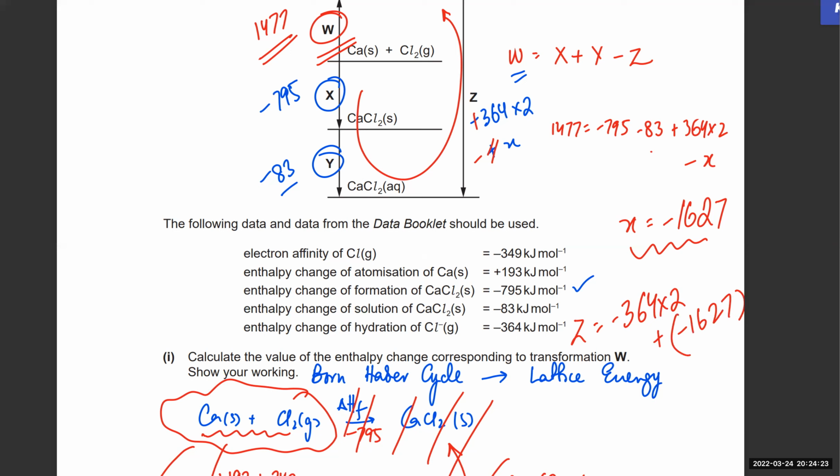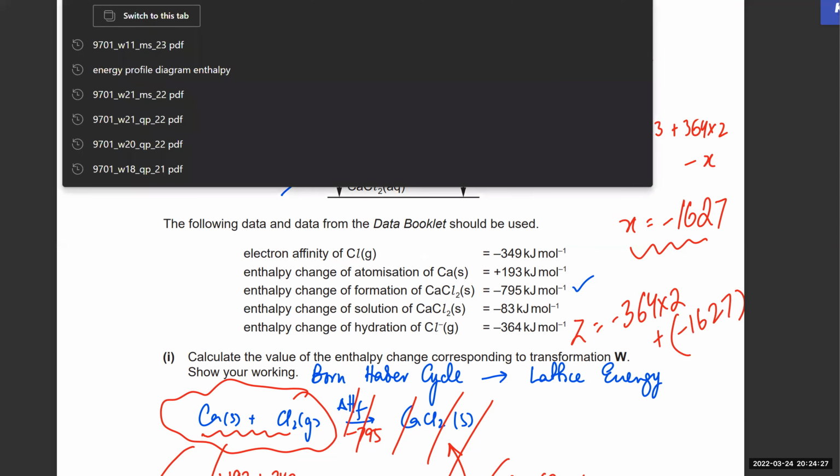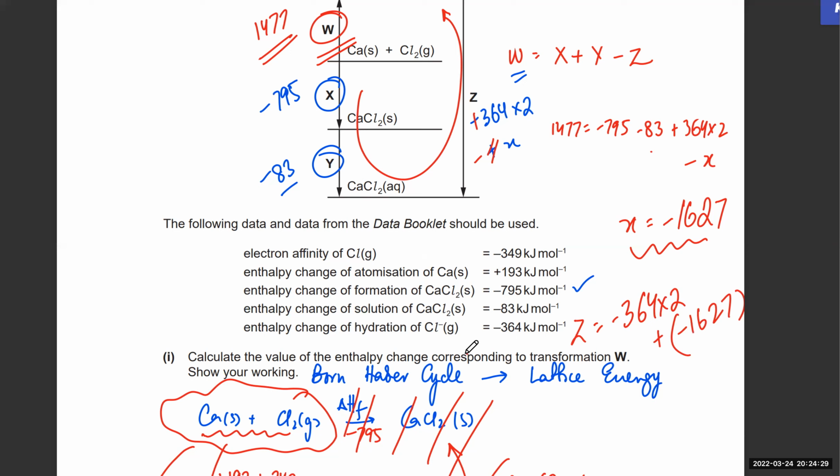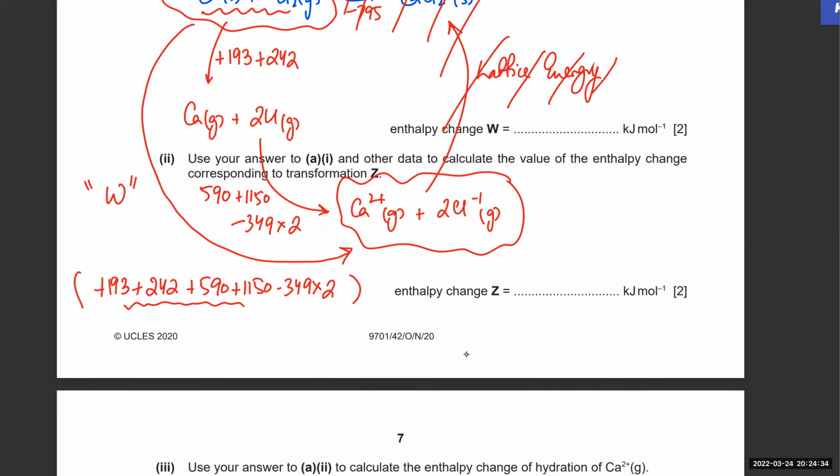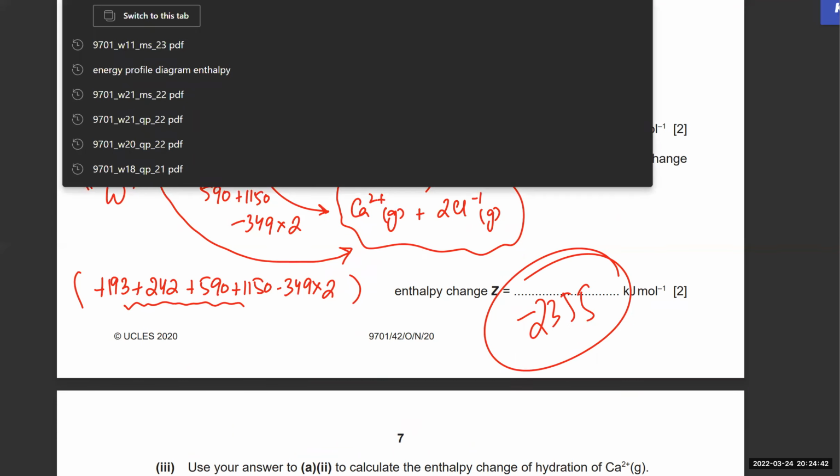So what do we get for this? Negative 2355. So we're getting negative 2355. So z is negative 2355. Now, for questions like these, and let me open the mark scheme.